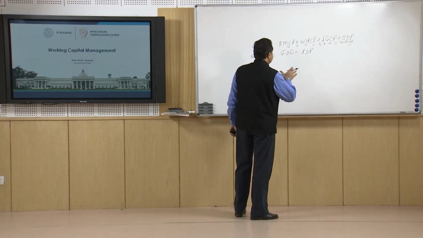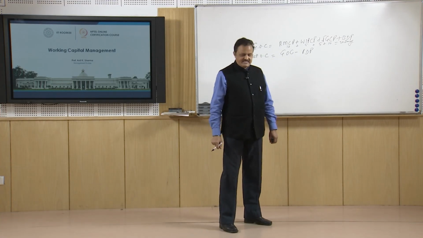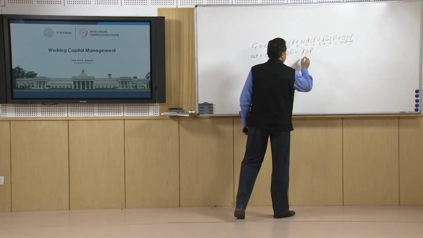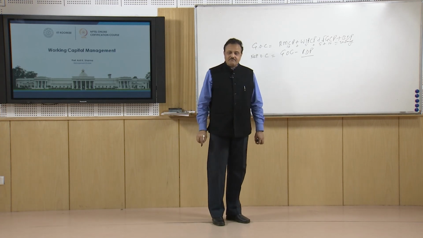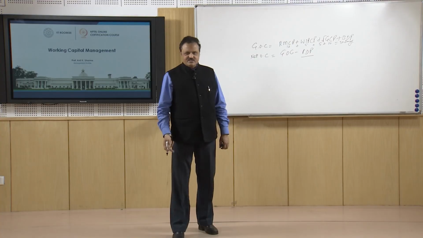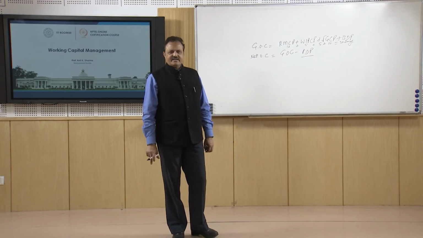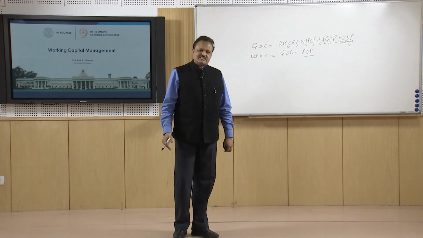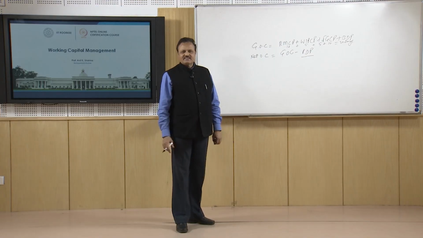Now we call it the net operating cycle, gross operating cycle minus PDP. What is PDP? PDP means the payment deferral period. It is the time period allowed by the suppliers of raw materials to the firm, that you buy the raw material on credit and after the expiry of say 2 months or 45 days you can make the payment to us.